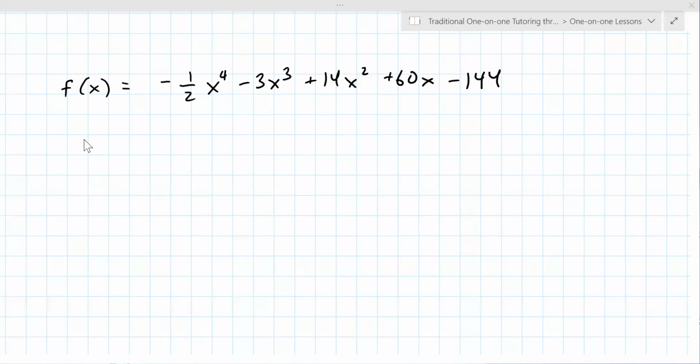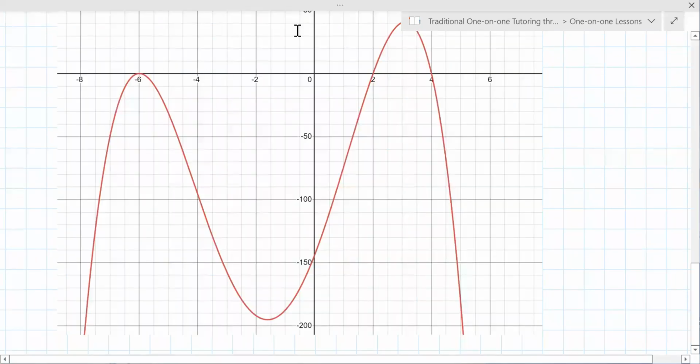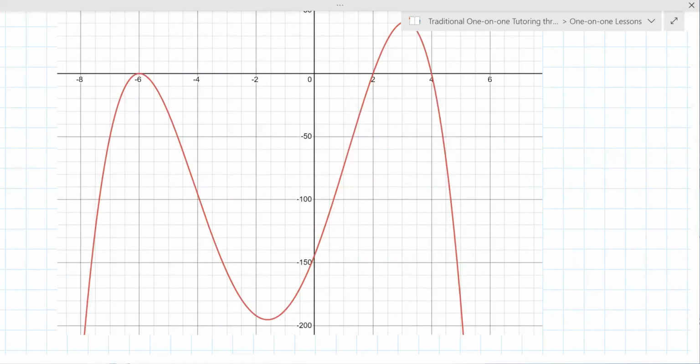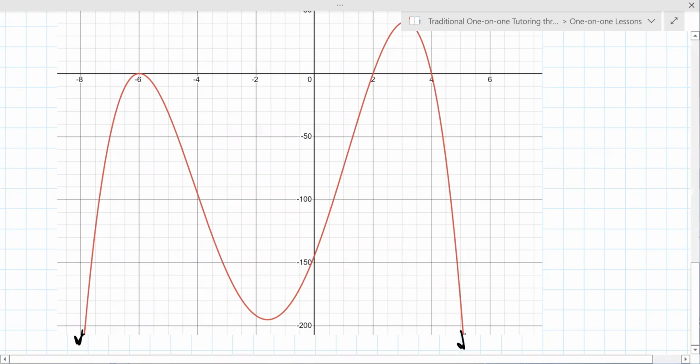So here's the graph. And actually I should have snipped in the points, I'll get these nice points. So this graph goes down forever. This goes down forever. All right, so let's just follow the order from your quiz here.